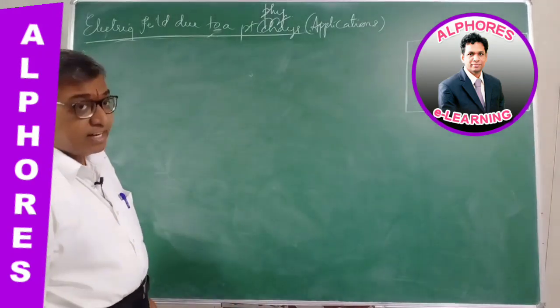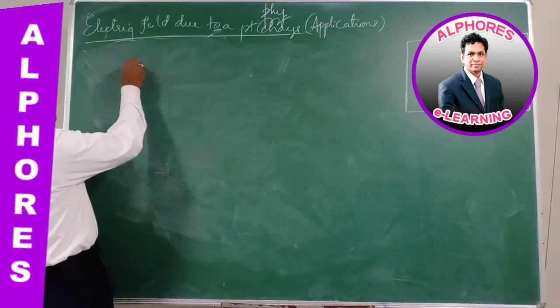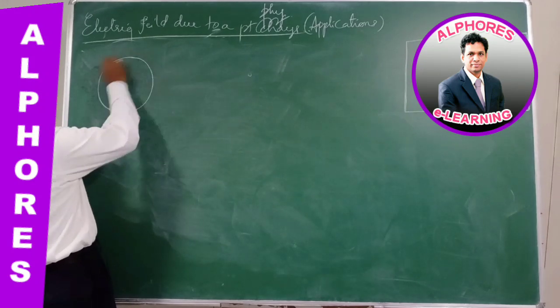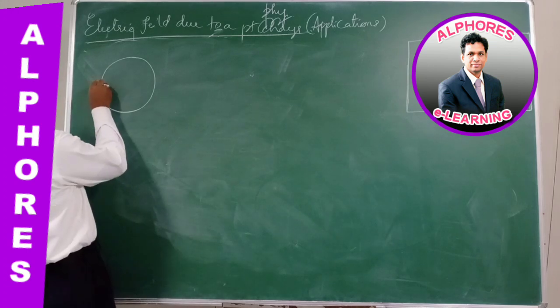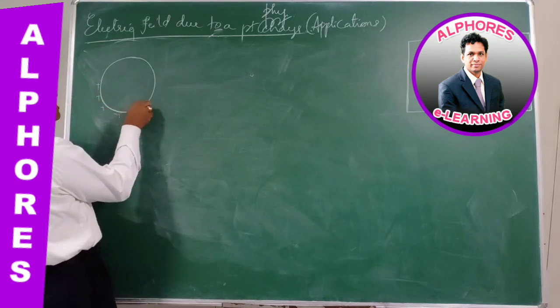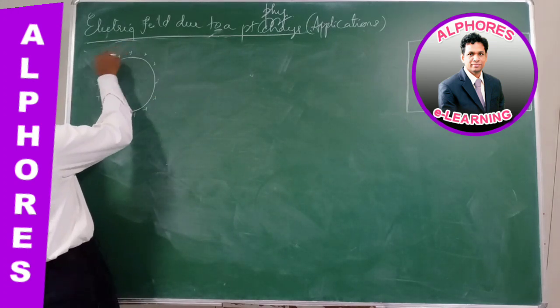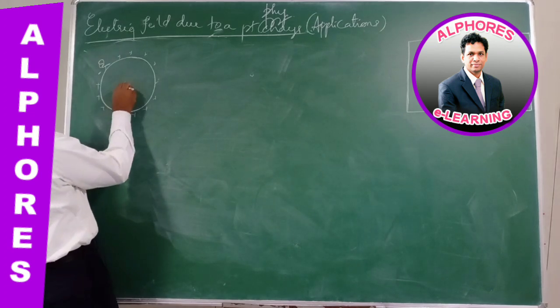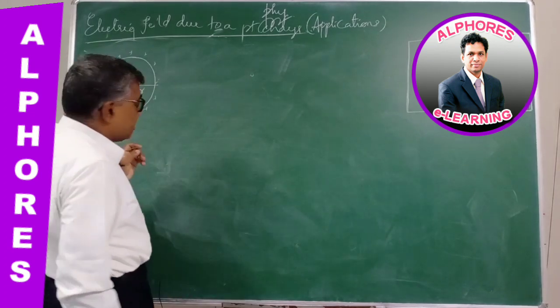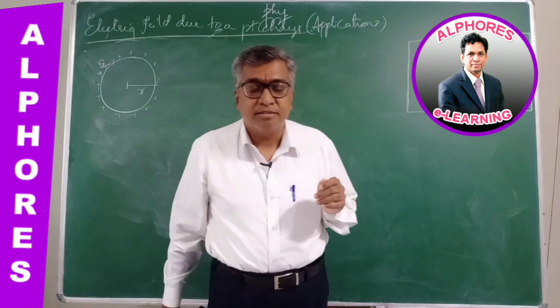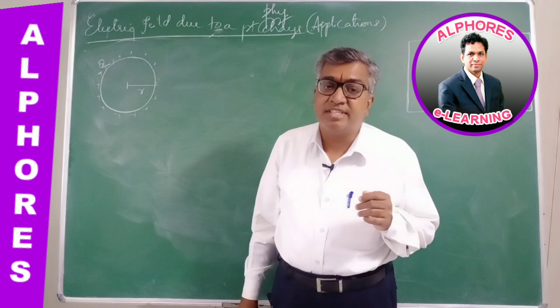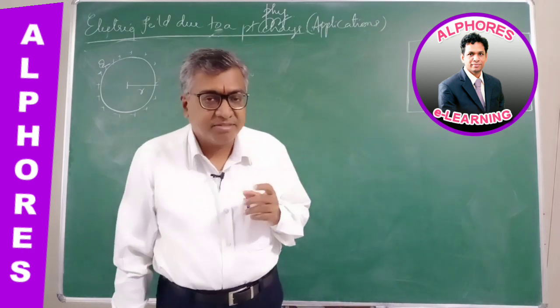Now, if a conducting sphere is charged with charge Q and has radius R, then what is the electric field at a point on the surface of the conductor?